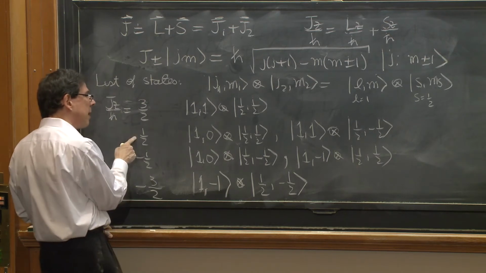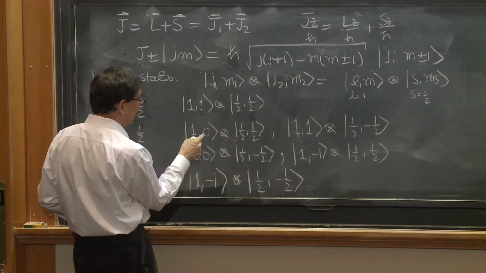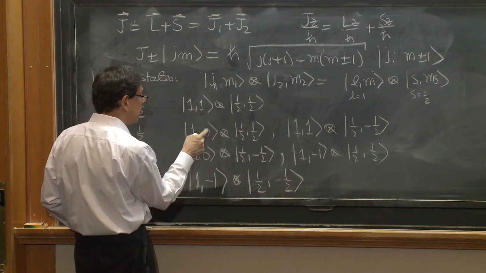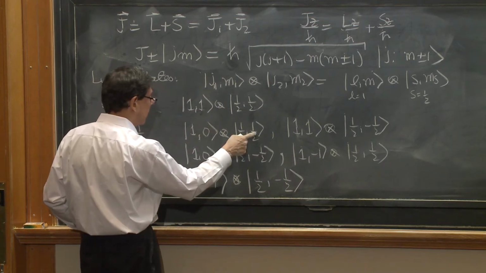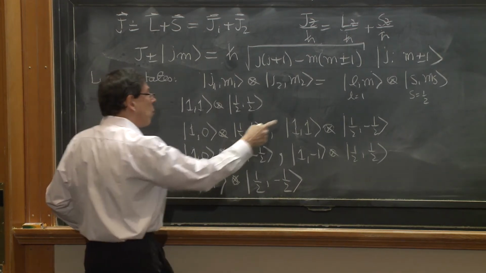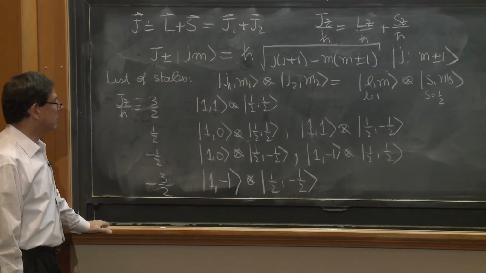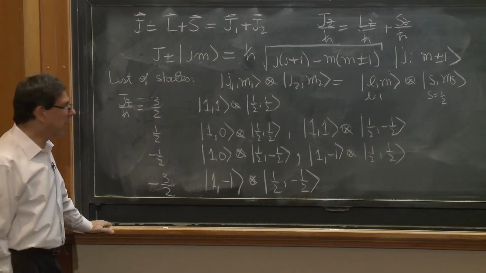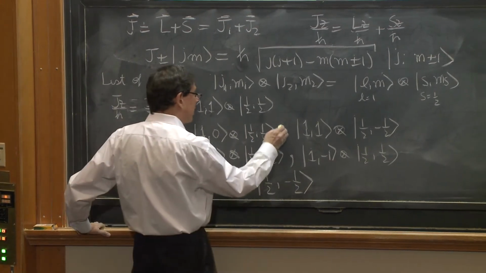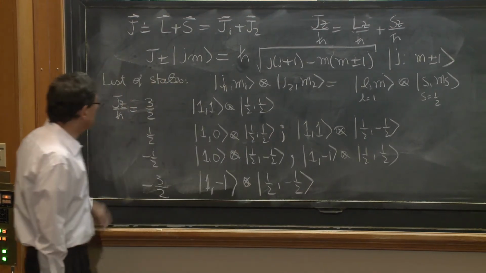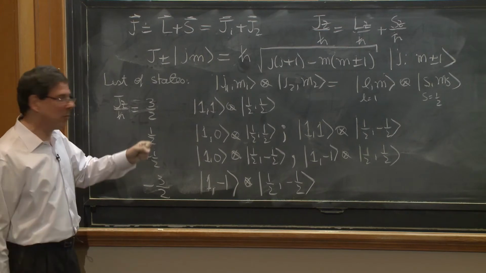So you next go to 1/2, and here you can obtain it in 2 ways, with a 0 and a 1/2 here, or a 1 and a minus 1/2 here. There's no other way. So there are 2 states with Jz equal 1/2. This is very important.